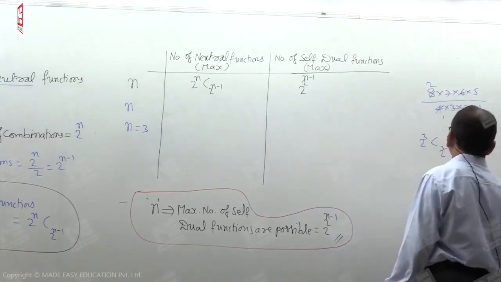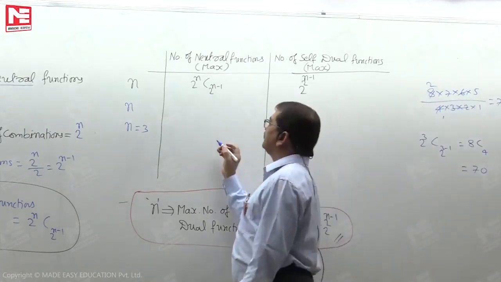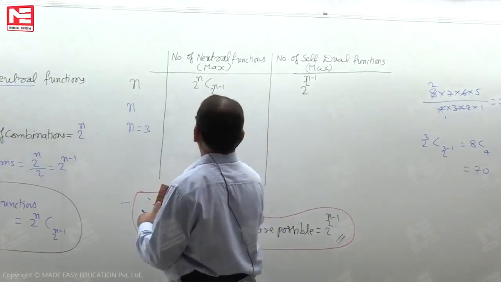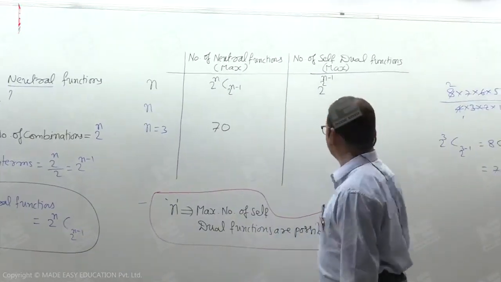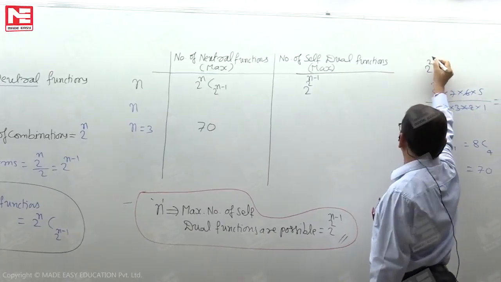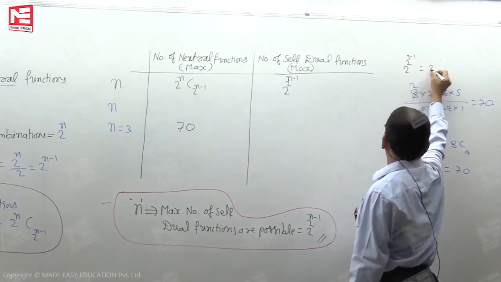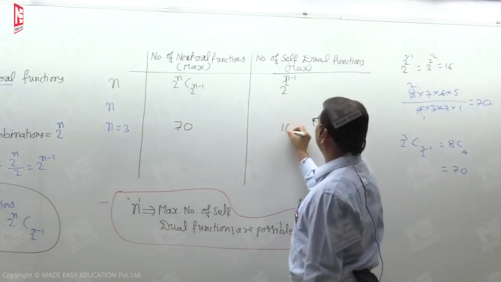So we are looking, it is 70. Whereas for the number of self-dual functions, it is coming to be 2 to the power of 3 minus 1, effectively 2 to the power of 2. So 16.